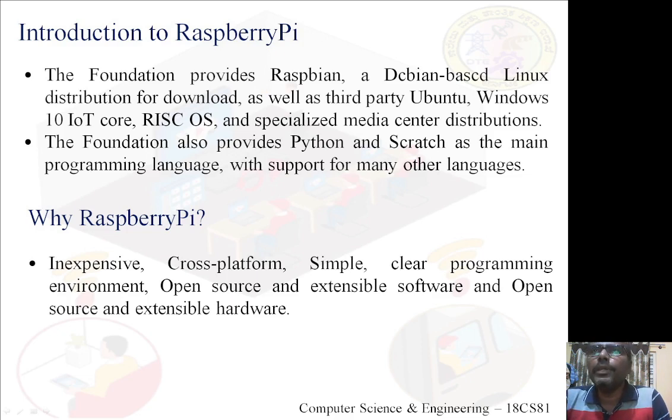Raspbian is a Debian based Linux distribution for download. I repeat, the official operating system for Raspberry Pi computers provided by Raspberry Pi Foundation is Raspbian, which is a Debian based Linux distribution. Raspberry Pi computers also support other operating systems like Ubuntu, Windows 10 IoT Core, RISC OS, and specialized media center distributions.